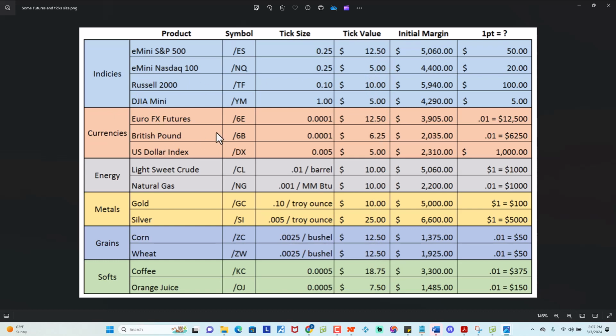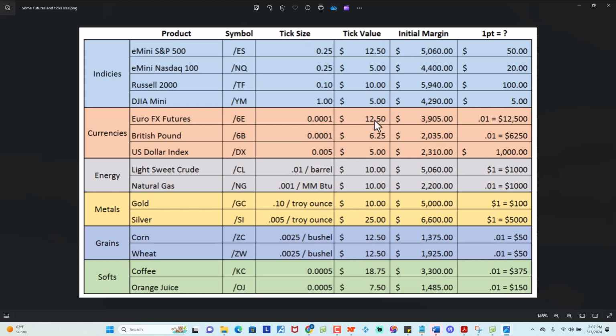So for example, if you're trading the Euro future, EUR/USD, which is 6E, you see 1 pip, but you would use ticks instead of pips. So you don't say pip anymore when you're trading futures, you say tick. 1 tick monetary value is $12.50.